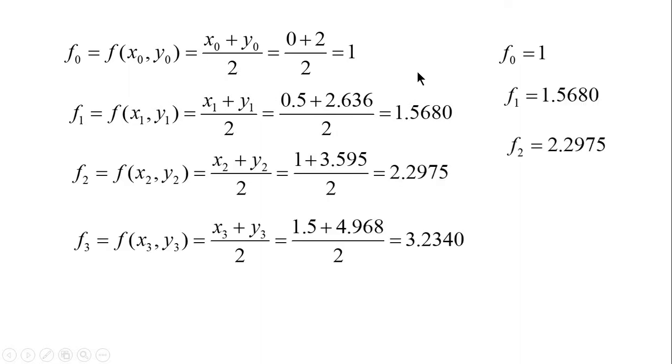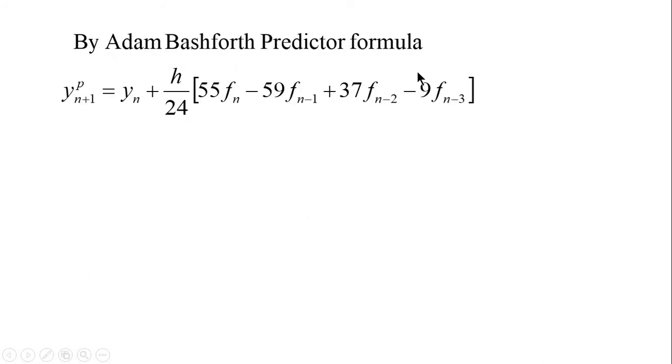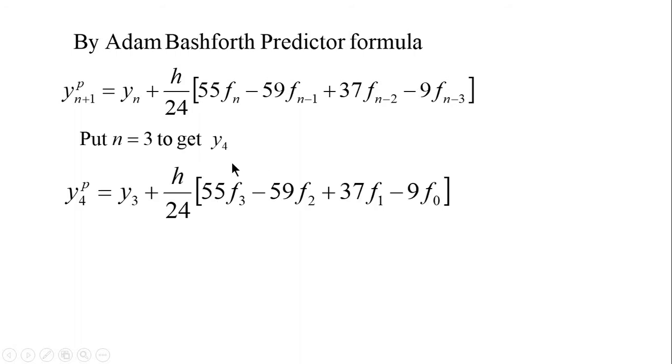Yes, once we have got all the values, let us use the Bashforth predictor formula. This is our general formula. To get y4, we have to put n equal to 3. Now let us substitute all the values of f0, f1, f2, f3 as well as y3.